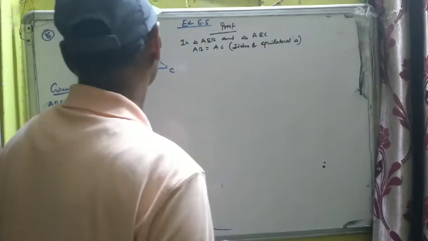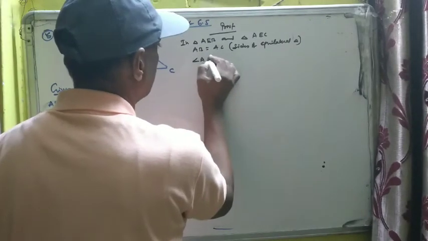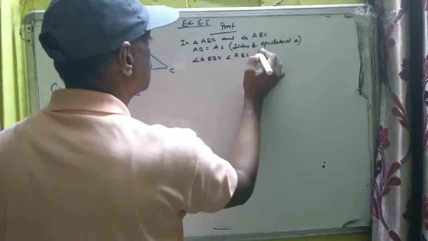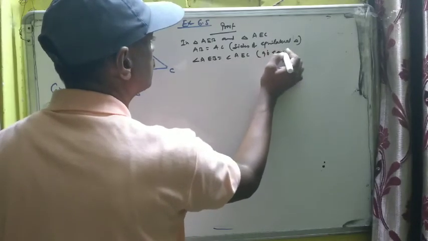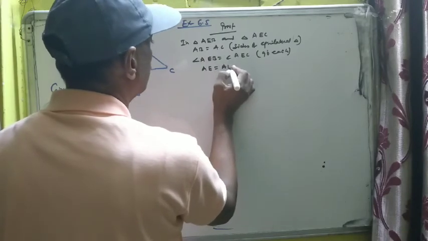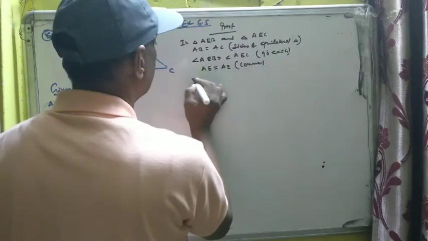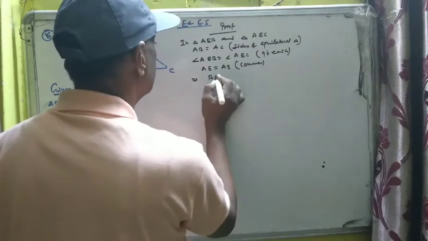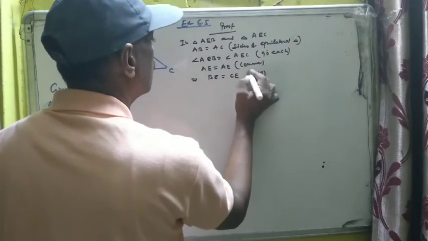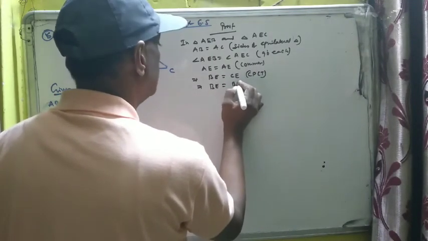Number 2, angle AEB equal to angle AEC, 90 degrees each. And third, AE equal to AE, this is common. So we can say that BE equal to CE, and you can also write BE equal to BC by 2.